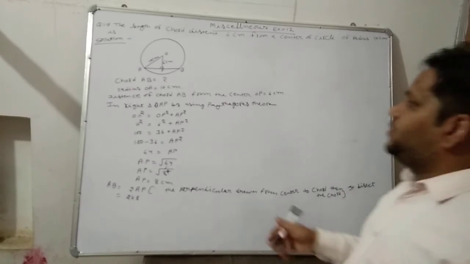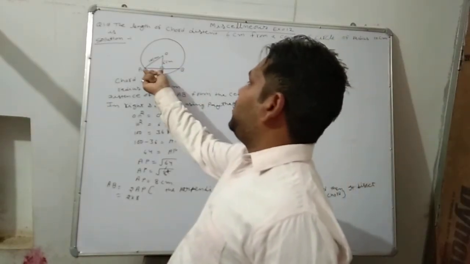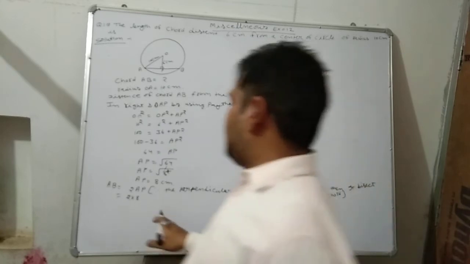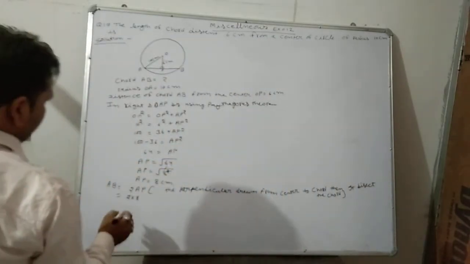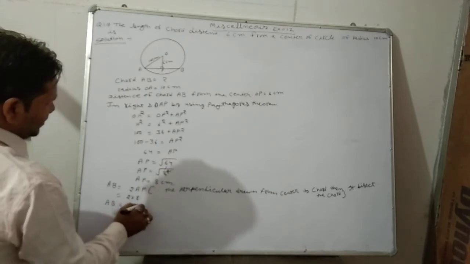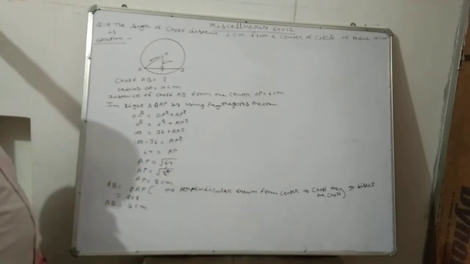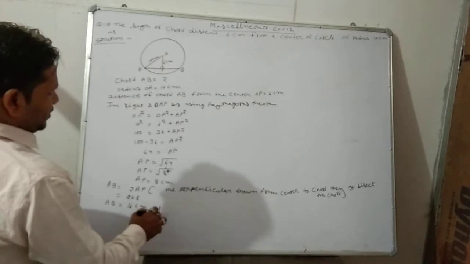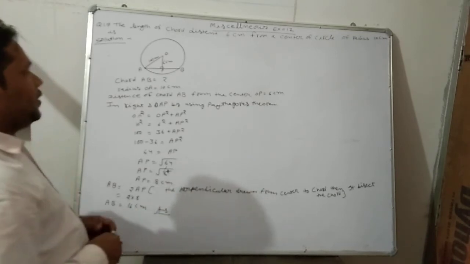So we can write AB is equal to twice of AP, and the value of AP is 8 centimeter. So chord AB is equal to 16 centimeter. This is our first question, and this is our final answer.